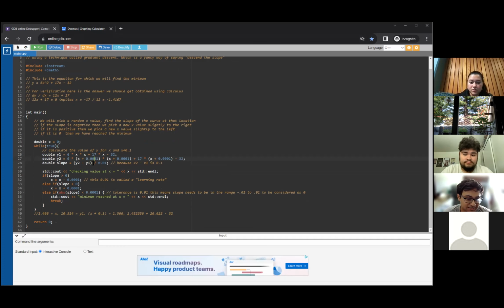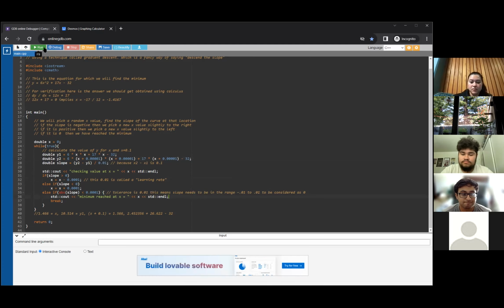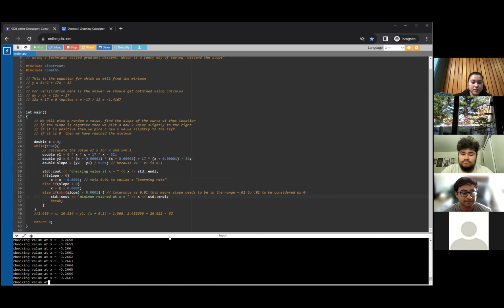So maybe if this is one more than the check, then it'll be within the range that it's checking for tolerance. I don't know, maybe. Yeah, I think so. No, but it still keeps trying. Yeah. Wonder why.